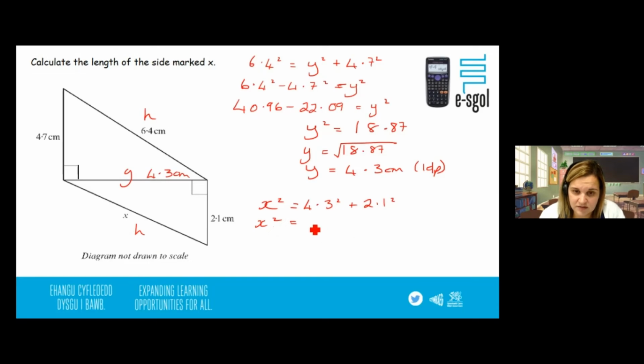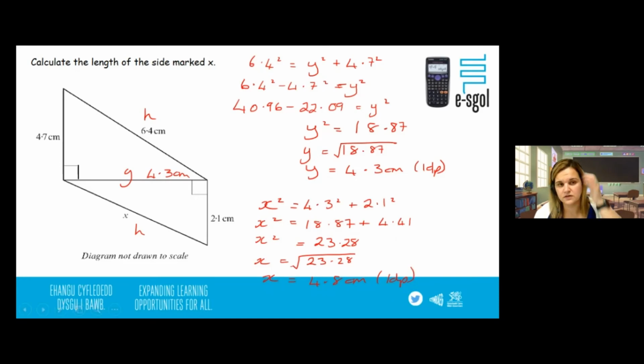That will give you 18.87, which we could have from above because we know that we've square rooted there, and 4.41 for the 2.1 squared. 23.28 when you add them together. Next step and the last little bit is to square root your 23.28, giving you 4.8 centimeters to 1 decimal place.